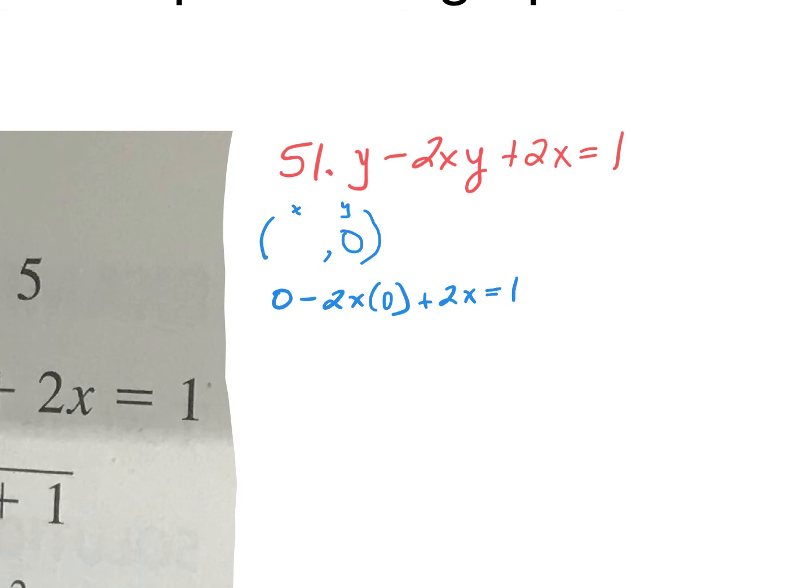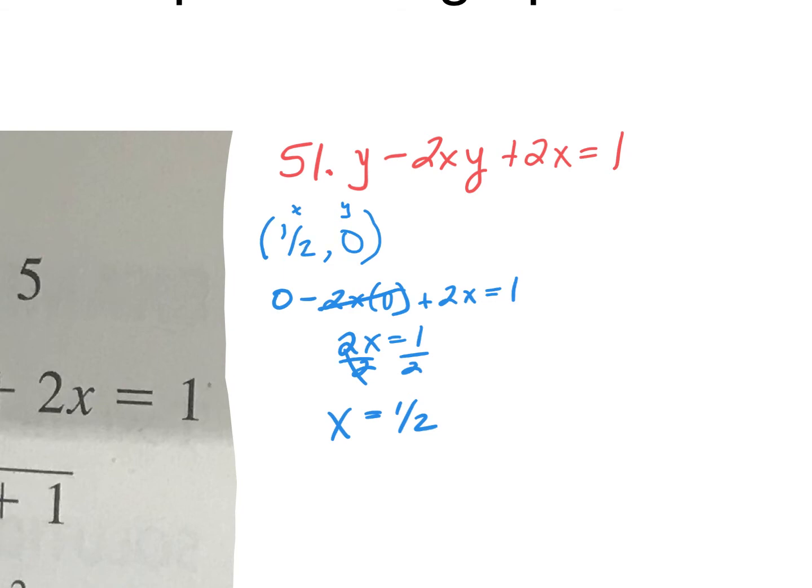What's 2x times 0? That cancels out, so I have 0 minus 0 plus 2x, so 2x equals 1. Now what do I do to both sides? Divide both sides by 2. So x equals 1/2.